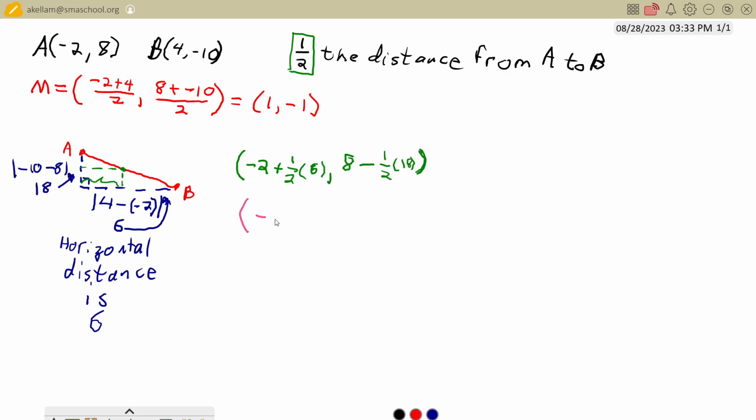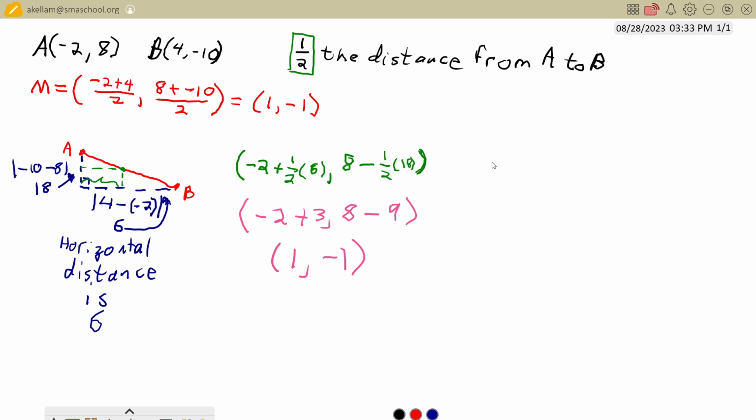We'll have -2 plus 3, and we will have 8 minus 9. And -2 plus 3 gives me my +1, and 8 minus 9 gives me my -1, which is exactly what we expected the answer to be. So I chose to do the midpoint just because I wanted you to see that this does indeed produce the value that is halfway between those two.